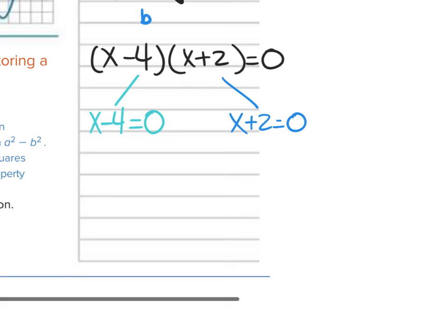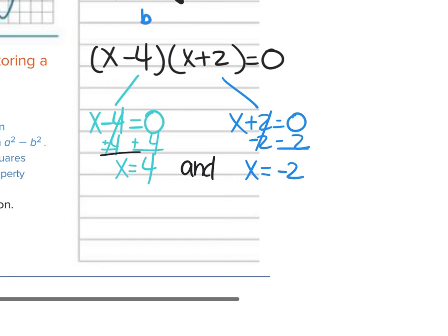What's the opposite? So plus. So x equals 0 plus 4 is 4. Tori, how do we solve the right side? So you minus 2, good. 0 minus 2 is negative 2. Good.